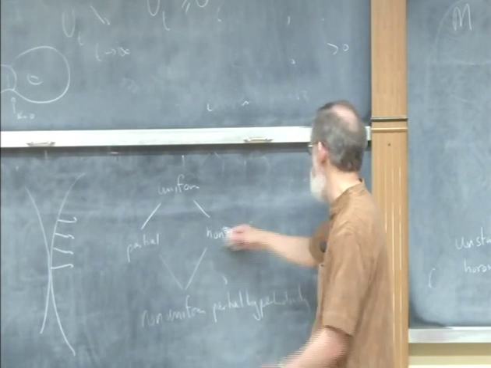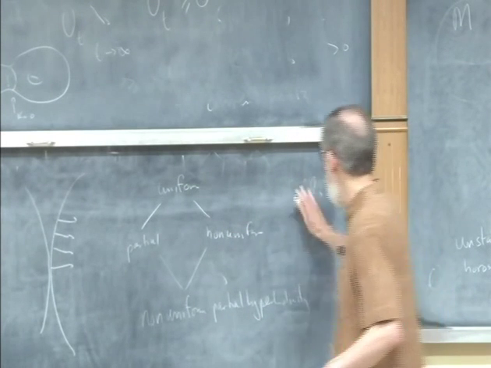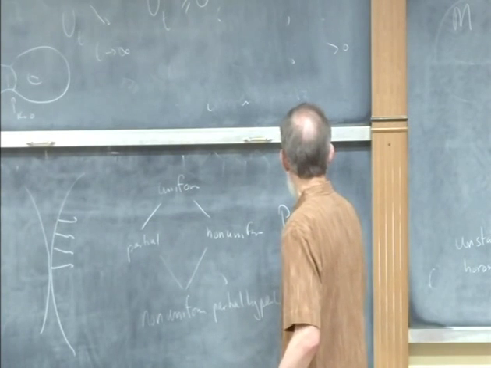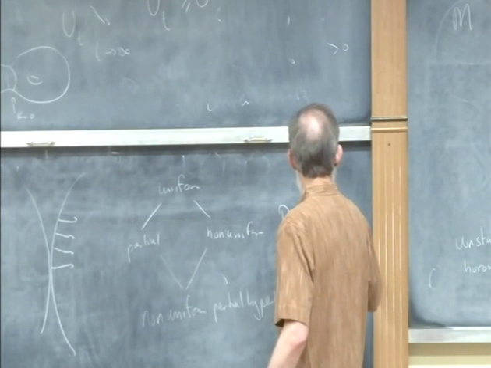So there's a standard sort of theory of non-uniform hyperbolicity. It's known as Pesin theory.